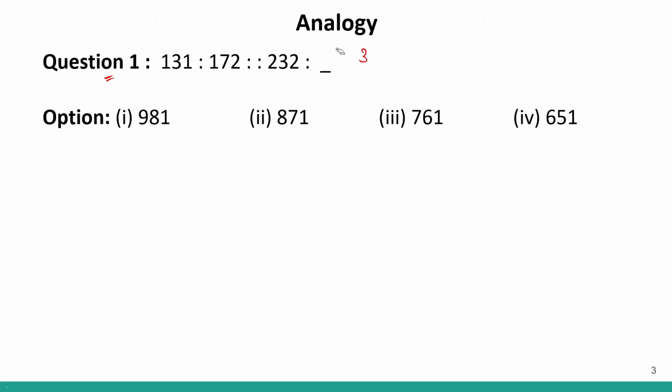Now, when we talk about approach, I have told you if you see bigger changes between numbers, we assume that we are multiplying or dividing. These are the two main operations that are being done.